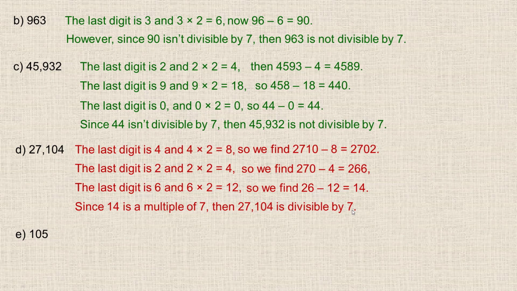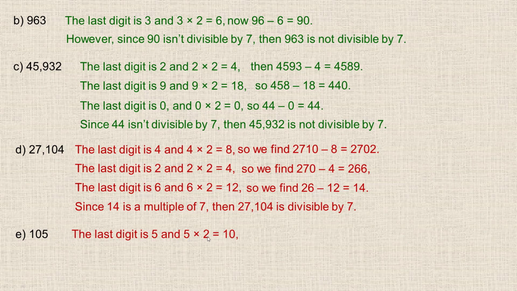Now, if you remember the rule from the previous page, there are a few cases where you might get this last number to be 0. So I want to do one of those. I chose a number that works out like that. So 105, it's probably a little bit too big for most people to look at and say, I know it's a multiple of 7 or not. The last digit on the end is 5.